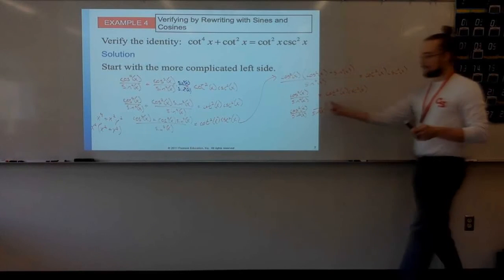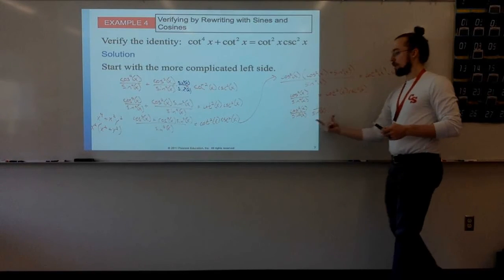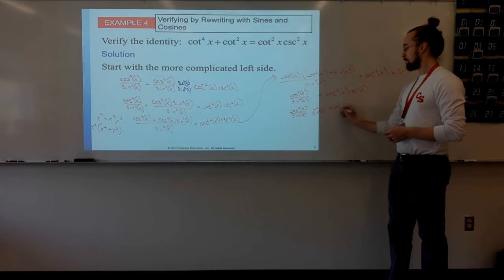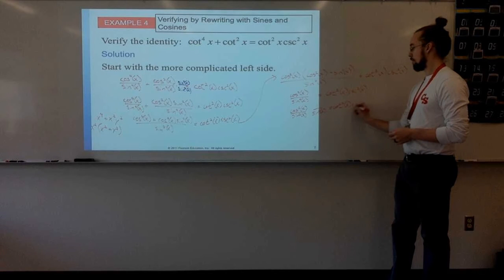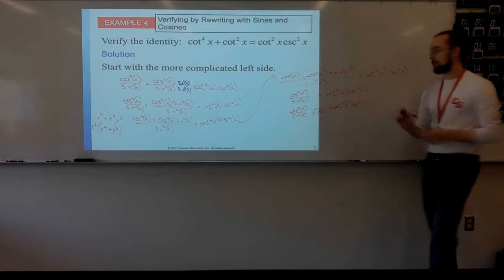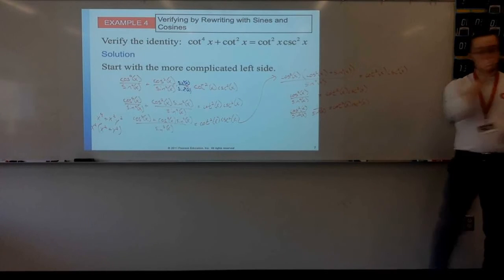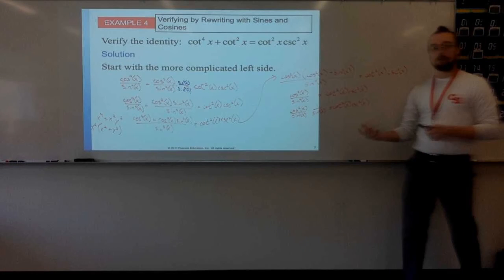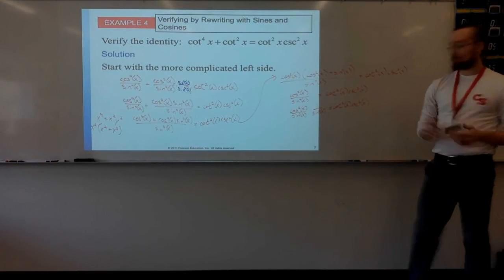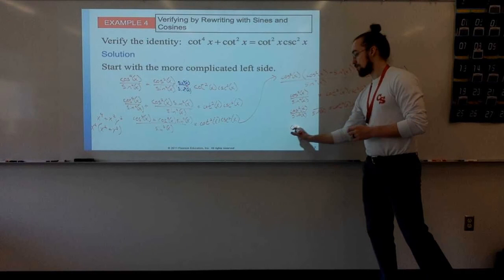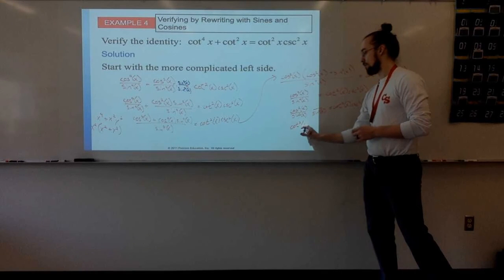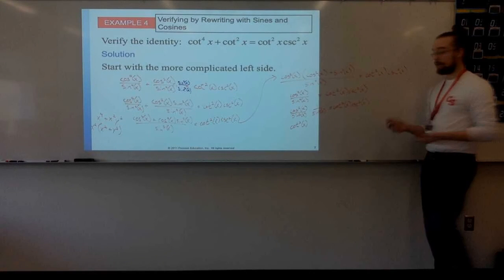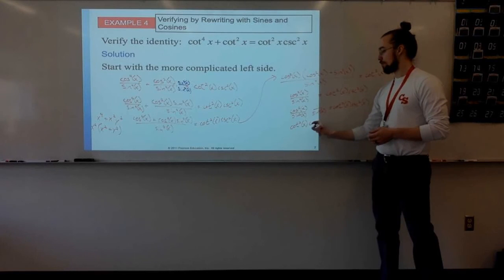All I did was split the denominator up, sine to the 4th into sine squared times sine squared. So now, cosine squared over sine squared is one of our quotient identities. Cosine squared over sine squared is just cotangent squared. And 1 over sine squared, we can rewrite as cosecant squared.